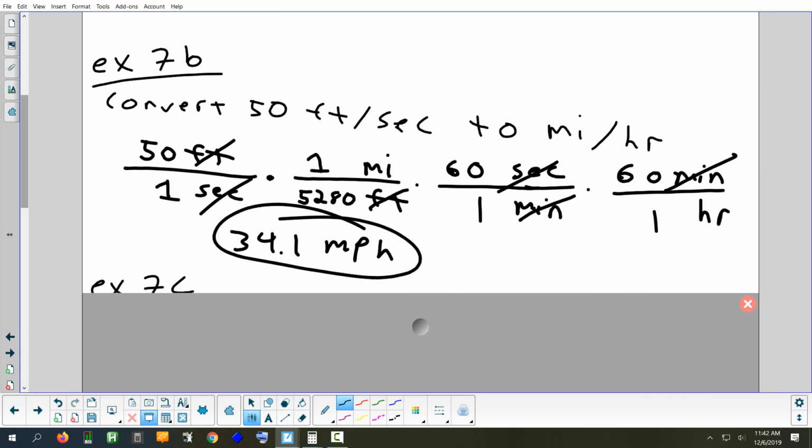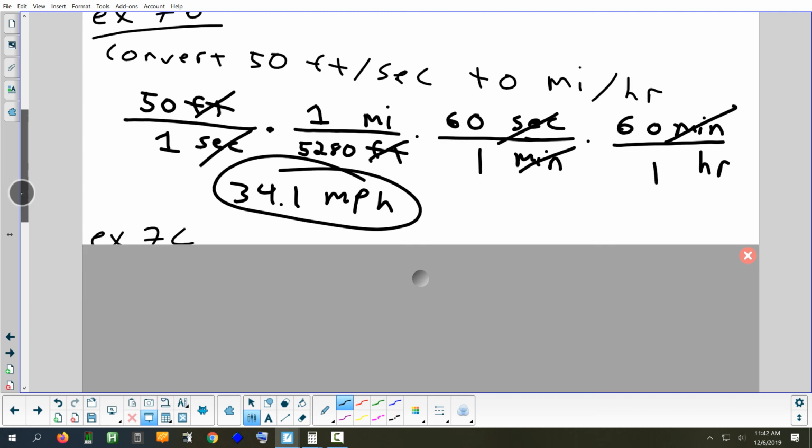Okay, so if you're going 34 miles an hour, you're moving 50 feet every second. Think about it that way, it seems like quite a bit. That's like double the length of this room every second. And that's only 34 miles an hour.